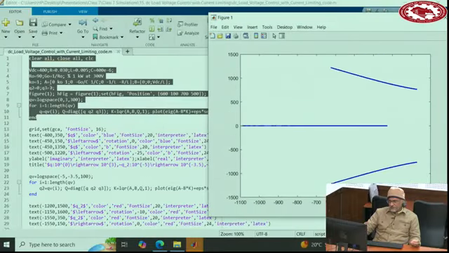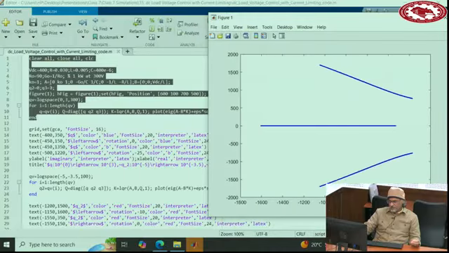See. So when you increase Q1 from 10 to the power of 0 to 10 to the power of 3, and Q2 and Q3 are 0, these are the poles of the closed loop system.